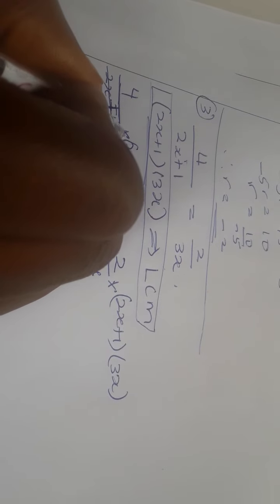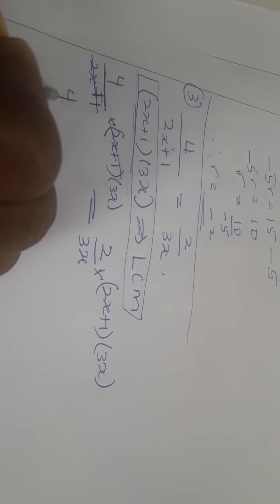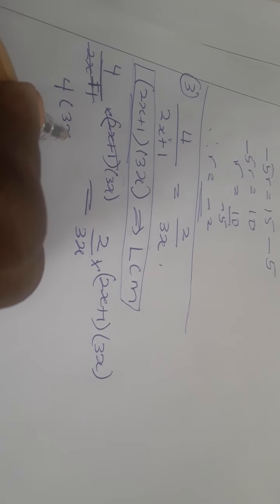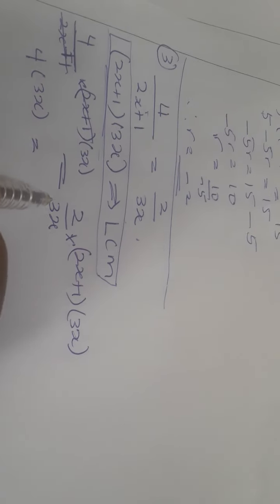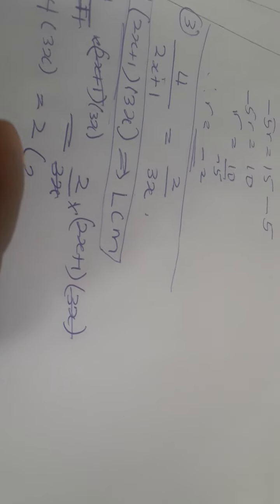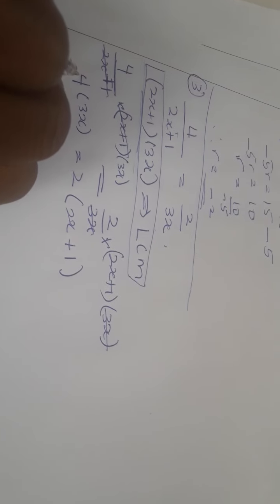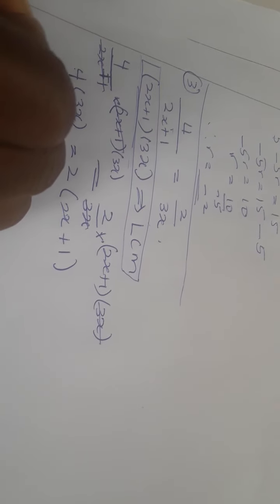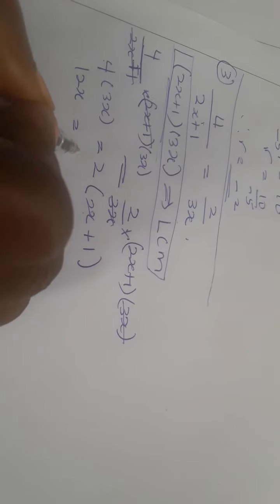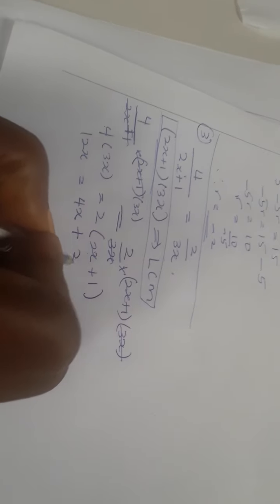If you take out the equal elements, you have 4 into 3x is equal to, we cancel 3x, 2 into 2x plus 1. 4 times 3x is 12x. 2 times 2x is 4x. 2 times 1 is 2.